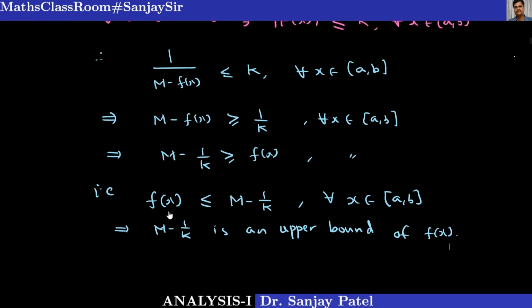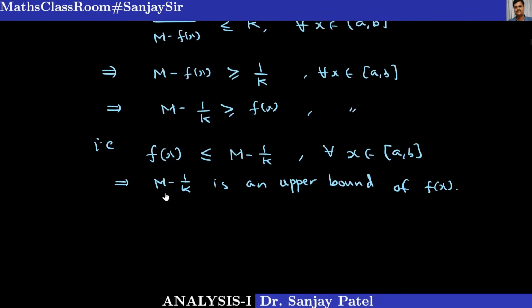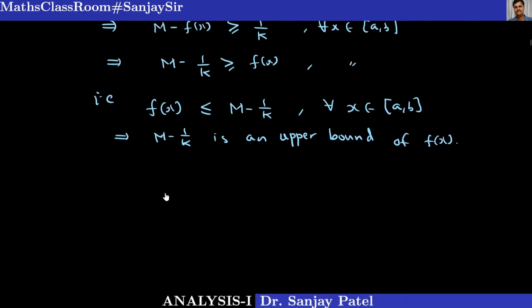But we know that the number capital M is the least upper bound of the function small f(x). That means M is the LUB of f(x) over x in [a, b].